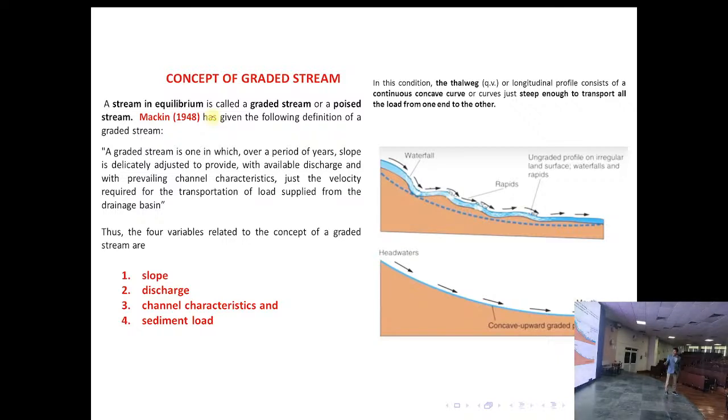A graded stream is one which, over a period of time, has its slope adjusted to provide the available discharge with the prevailing channel characteristics, so that transportation and all the drainage have a very easy way of flowing. Slope, discharge, channel character, sediment load, all these things relate to the concept of graded stream, meaning the slope should be such that all the things work well.